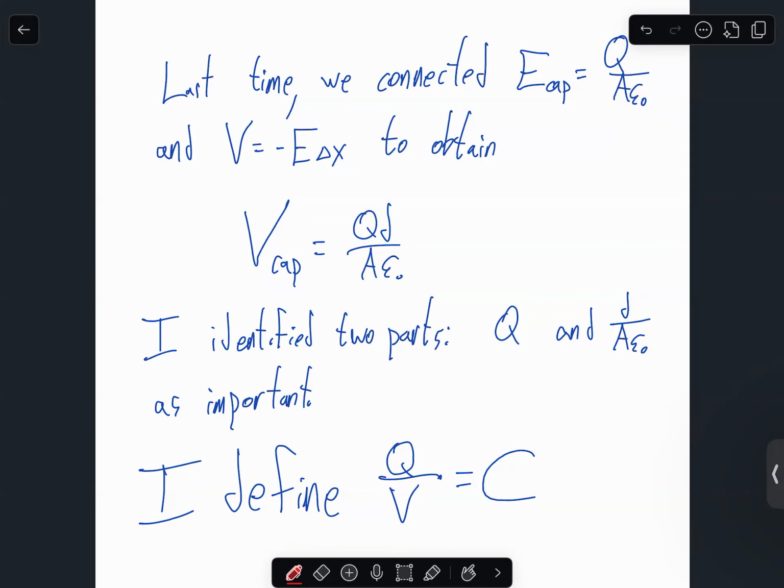I had a student ask a very good question: what about the minus here? Where'd the minus go? The answer is, in a practical electronic circuit that I buy a capacitor for, I really don't care about the direction of the electric field. The capacitor is just a little molded, encapsulated device that I don't look inside.